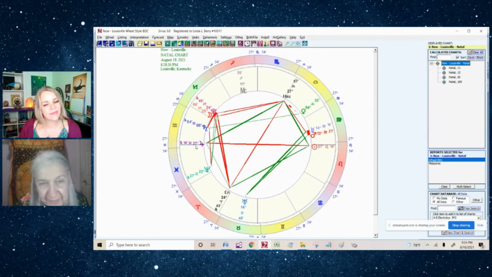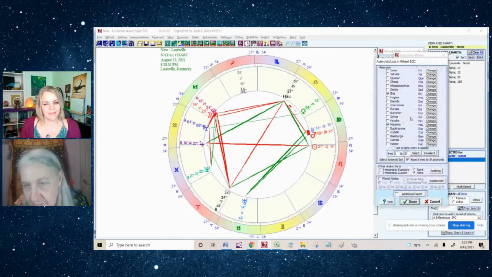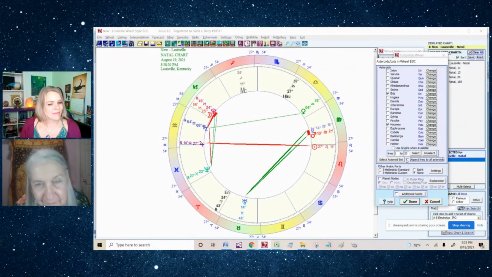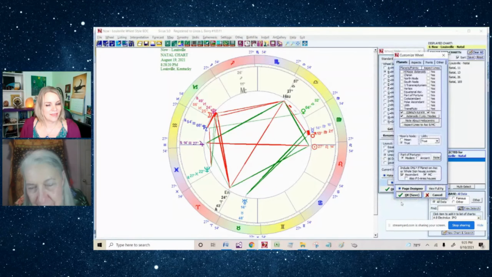Just the two planets opposite each other. Here, I'll show you. It looked like this. See? Wow. Not much there, is there? No. We added in Haumea and Eris, and we got a whole story.